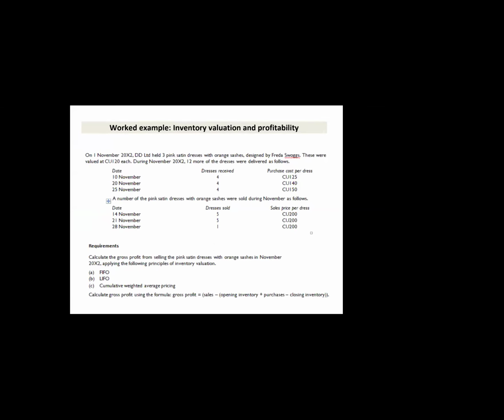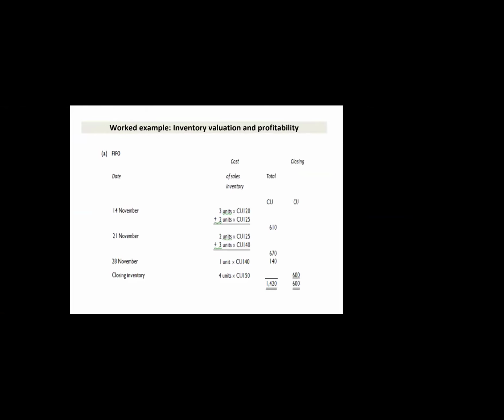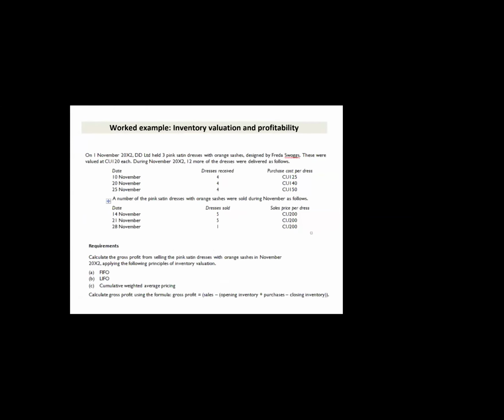So our profit is 2200 minus 1420, which equals 780. So 1420 is our total cost, selling price is 2200, and profit equals 780.